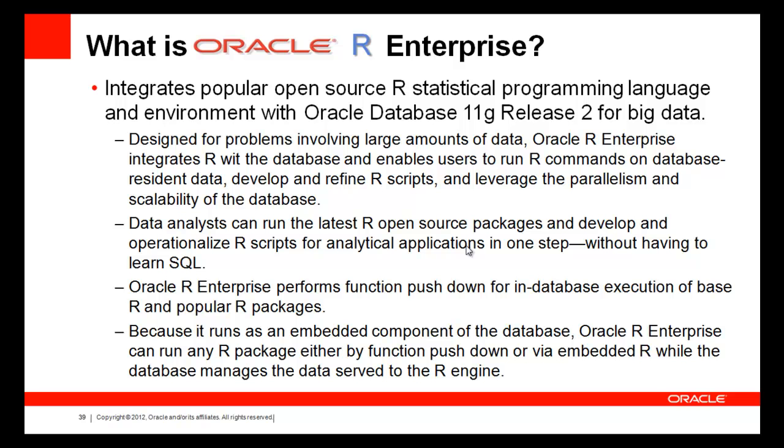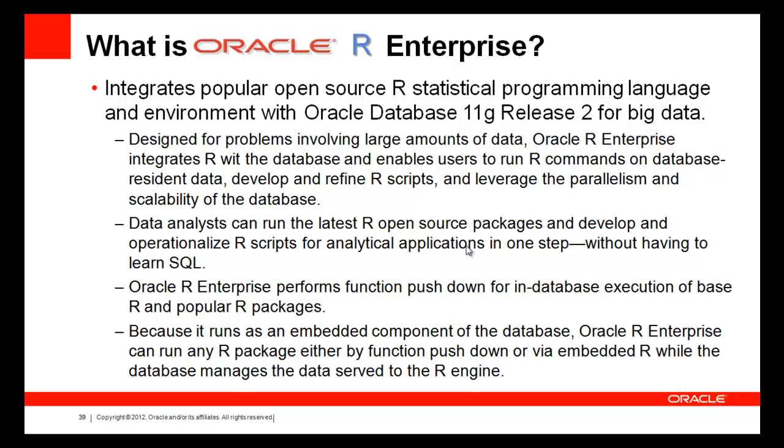So what Oracle has done is we've created a new component of the database called Oracle R Enterprise. It integrates the popular open source R statistical programming language with the Oracle database for big data. So it's really designed for problems involving large amounts of data, and it integrates R with the database and enables users to run R commands on database resident data, develop and refine R scripts, and leverage the parallelism and the scalability of the database.